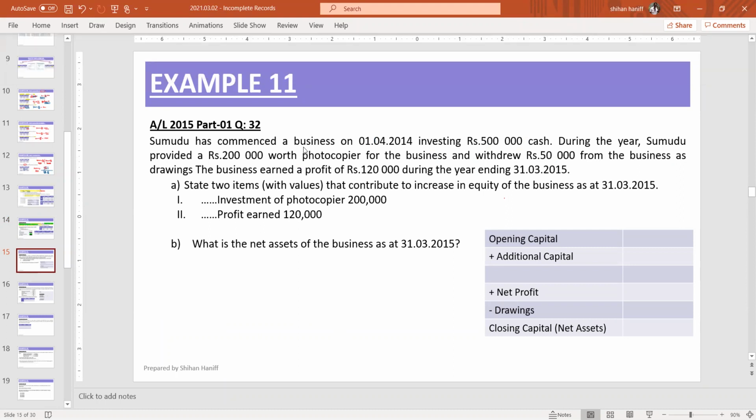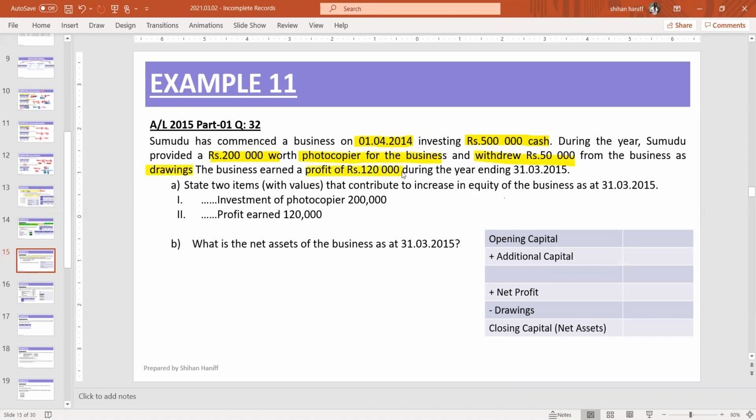Sumudu has commenced a business on 1st of April 2014, investing 500,000 cash. During the year, Sumudu provided a 200,000 worth photocopier for the business and withdrew 50,000 from the business as drawings.